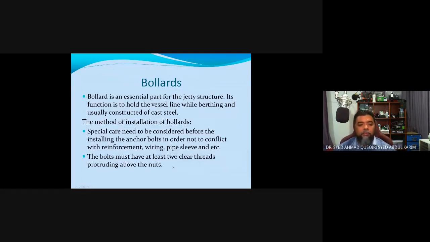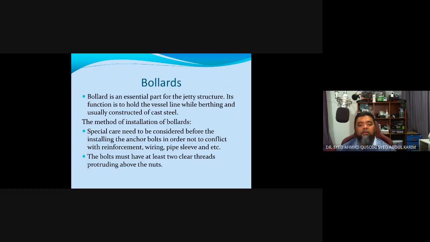Right. The next component, bollard, essential part of the jetty structure, function to hold the vessel line while berthing and usually constructed out of cast steel. The method of installation can be considered before installing the anchor bolt in order not to conflict with the reinforcement.